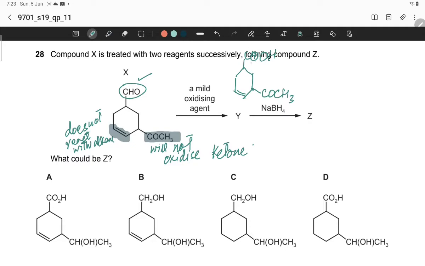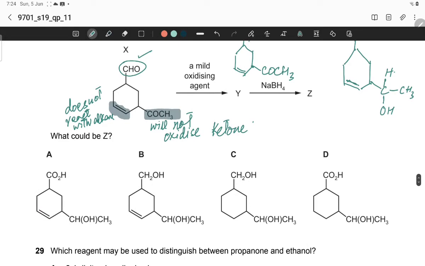NaBH4 will not reduce carboxylic acid, and will not break the double bond. So COOH stays the same, but it reduces ketone and forms secondary alcohol. Ketone is reduced to form secondary alcohol.